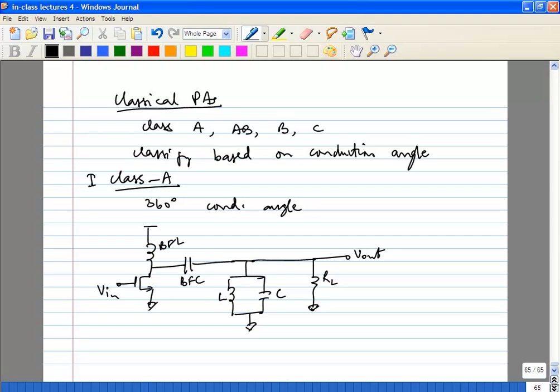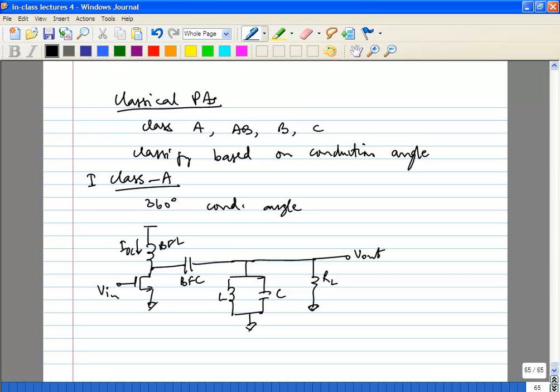So this is a standard topology which you are going to use for all of these classical PAs. You have a very large inductor and a very large capacitor. The large inductor makes sure that there is a constant current flowing through it. It will act like a current source. The other advantage is it actually biases your output at VDD.